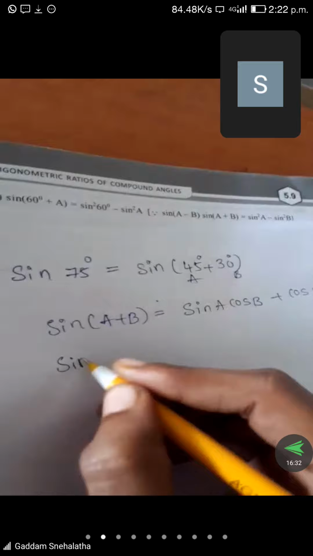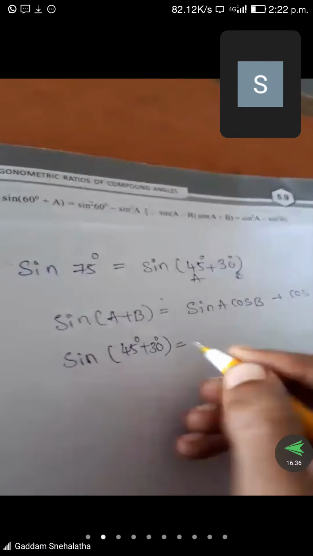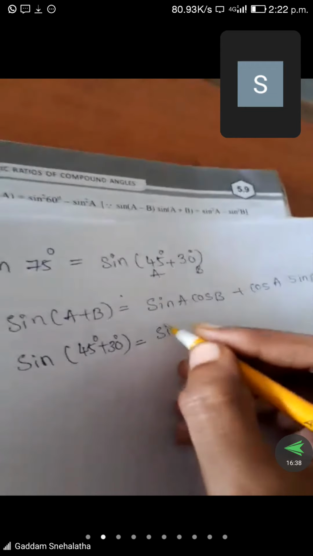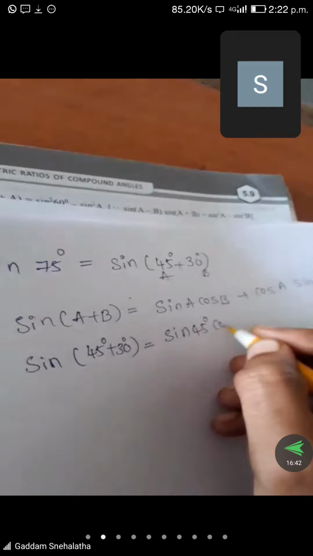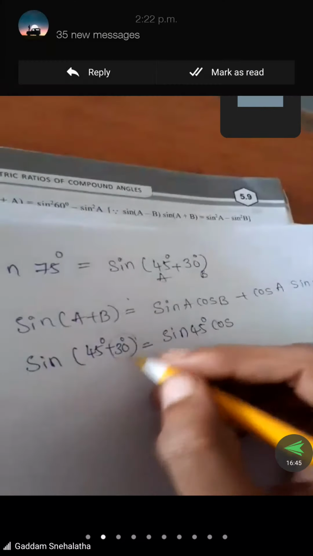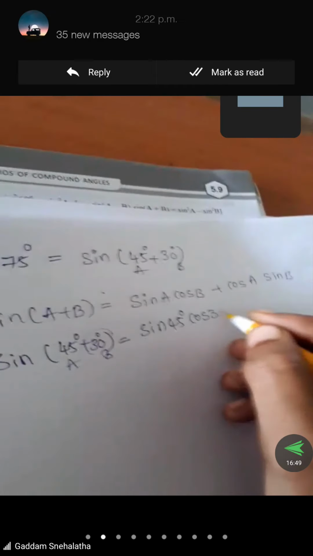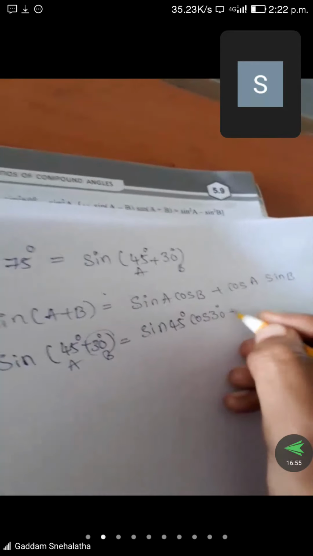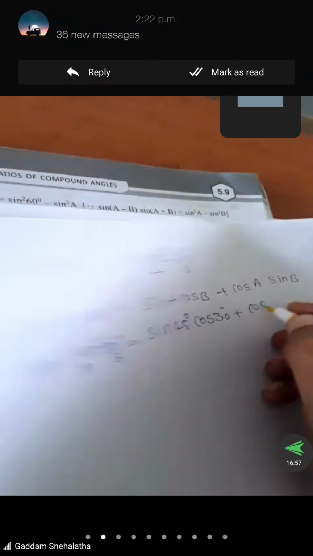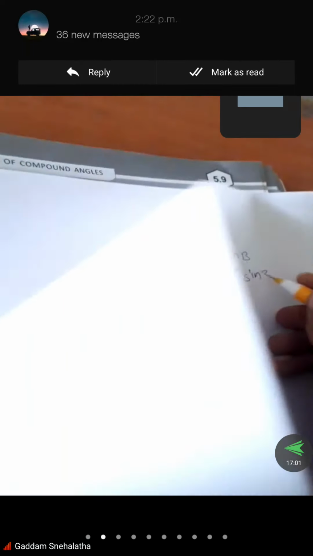So sine of 45 degrees plus 30 degrees is equal to sine 45 into cos 30 degrees plus cos 45 into sine 30 degrees.